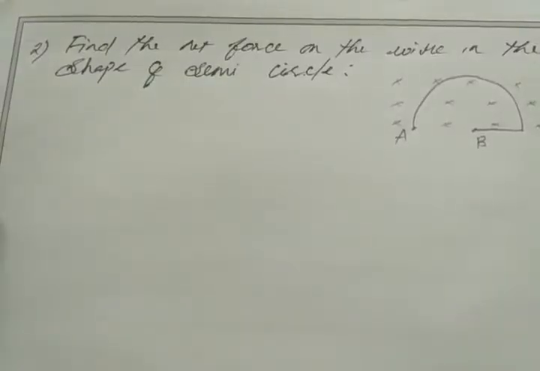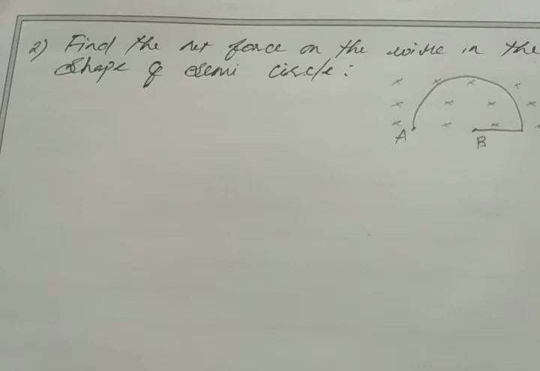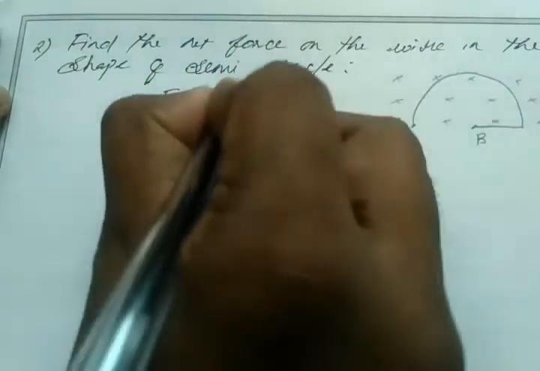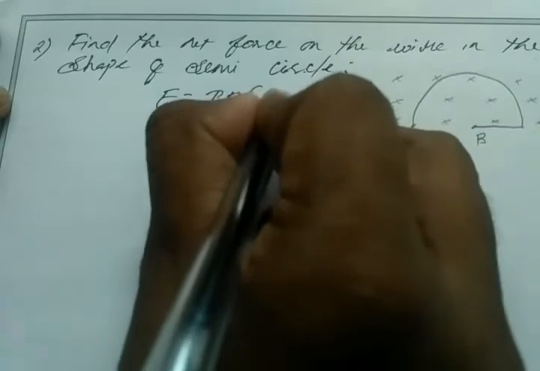Next problem: find the net force on the wire in the shape of a semicircle. So here the wire is in the shape of a semicircle, AB. We have to find the net force. How to find the net force? First we have to write the formula: F equal to IBL sine theta.